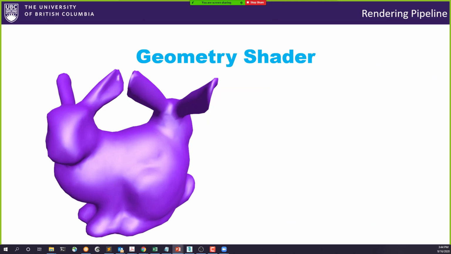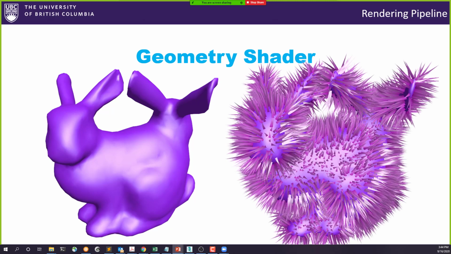Imagine that you have the bunny, and you can tell the geometry shader, depending on the position and the normal of each vertex, to create whatever you want: spheres, more triangles, or whatever. You can, for example, create hair. You can create a hairy bunny, and this can be computed in real time on the GPU with the geometry shader.